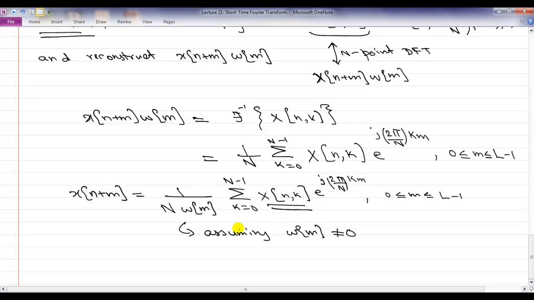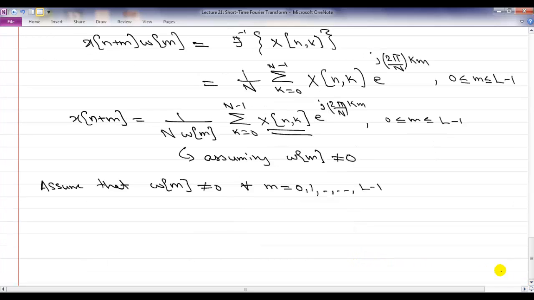But assume that w[m] is not equal to 0 for all m equal to 0, 1, up to L minus 1, and fix n equal to n naught.